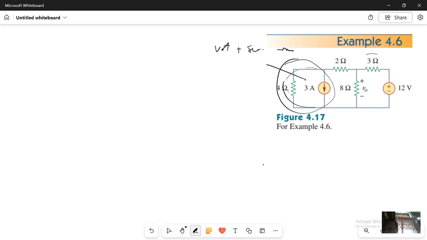If we see this one again, this one is a voltage source which is in series with a resistor, meaning I can transform it to a current source parallel with the resistor. So here I will have the resistor.